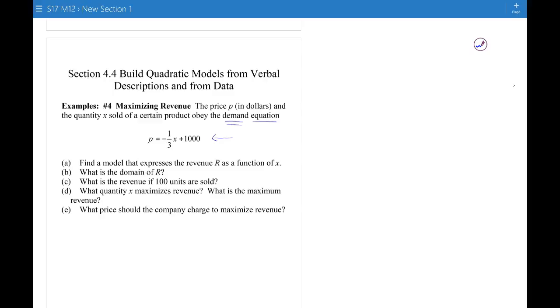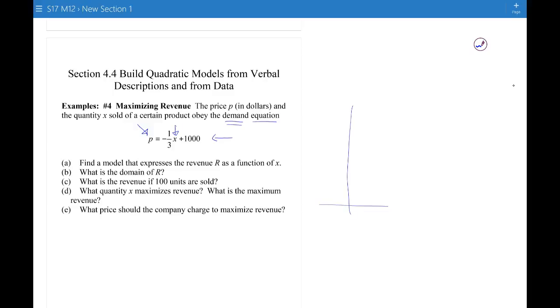And personally, I think the economists think backwards, but this is how they do it. They say that the price depends on how many you sell. I would say how many you sell depends on the price, but I'm not an economist.